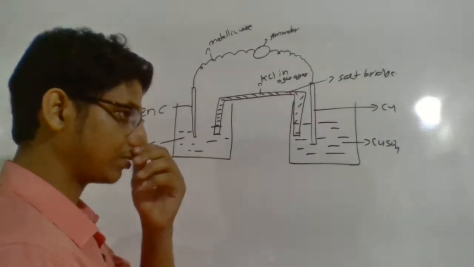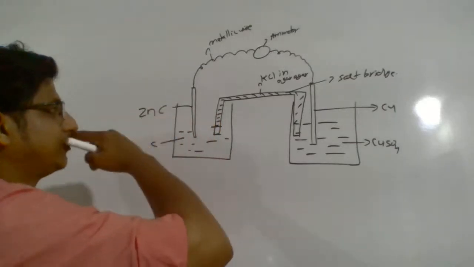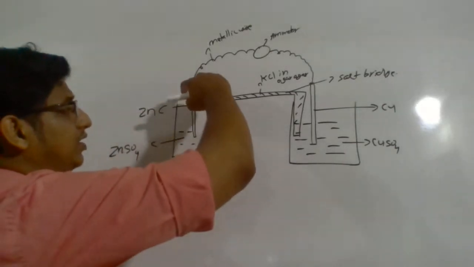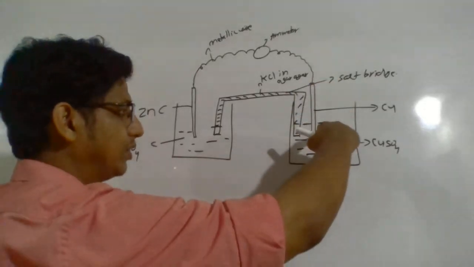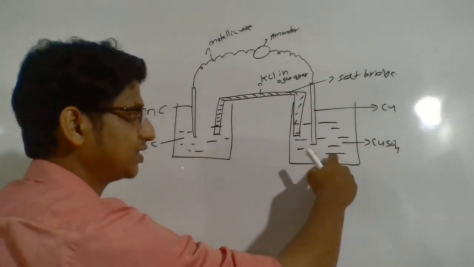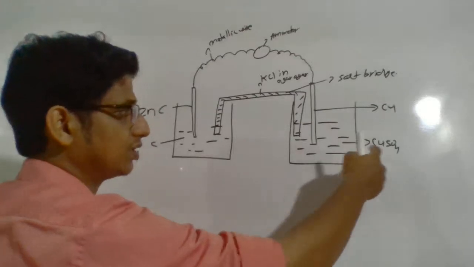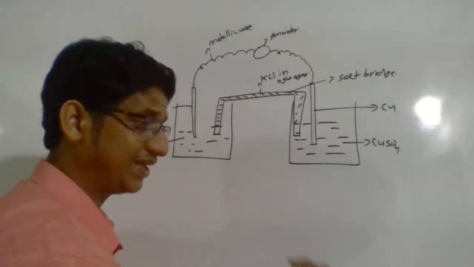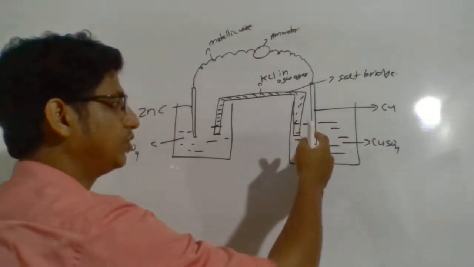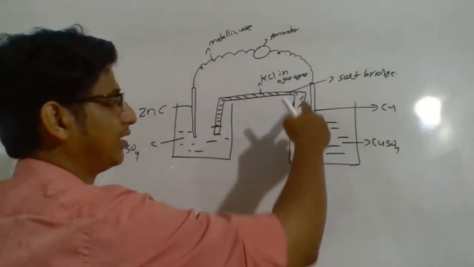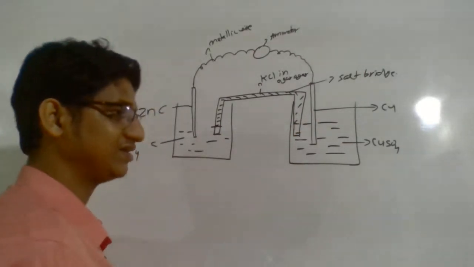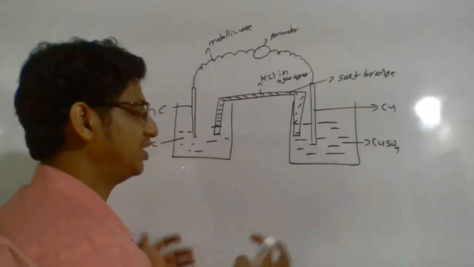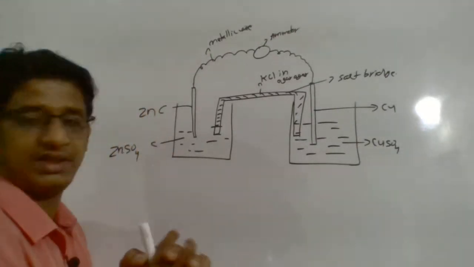Oxidation means release of electrons, so zinc releases electrons that go through the external metallic wire. Copper 2 plus ions in the copper sulfate solution gain electrons to deposit copper on the copper electrode. So a different tendency is observed when these two half cells are connected to each other.